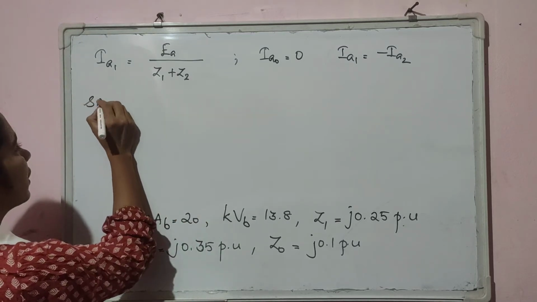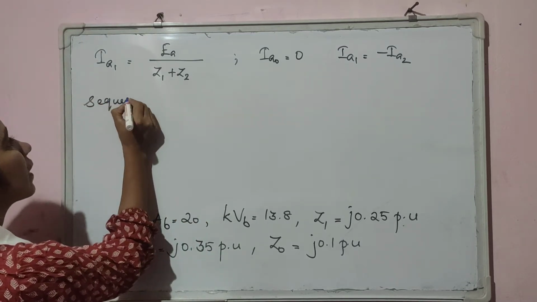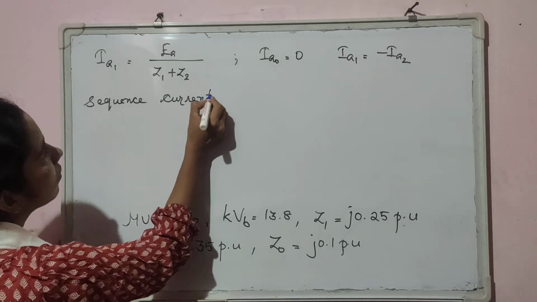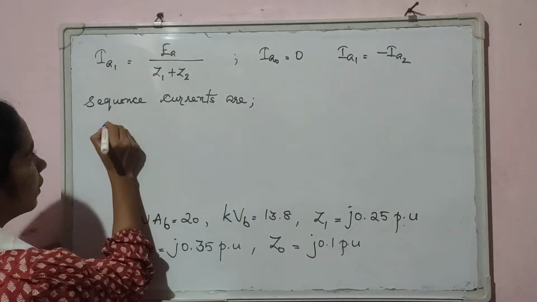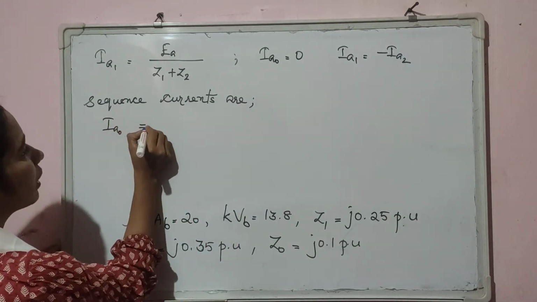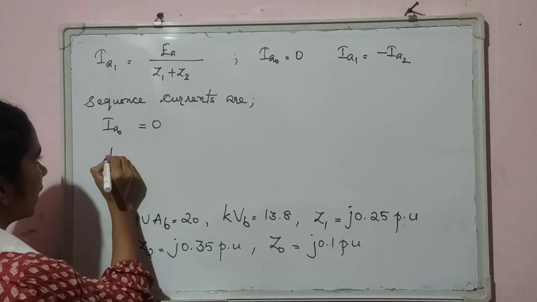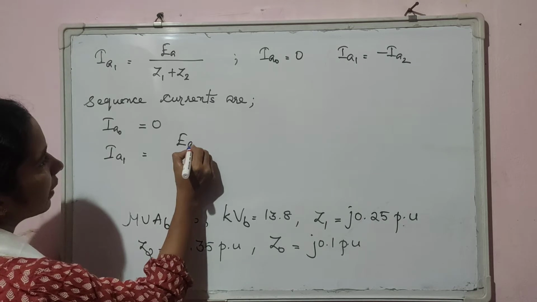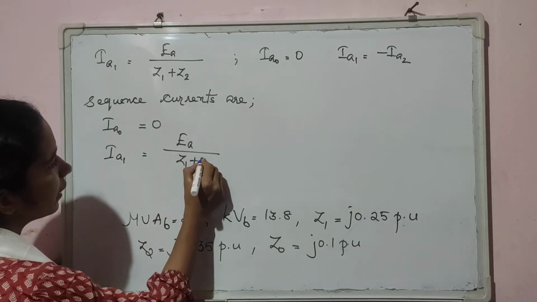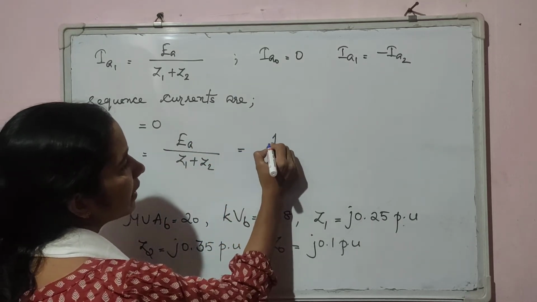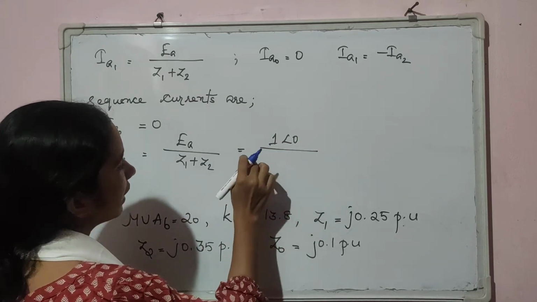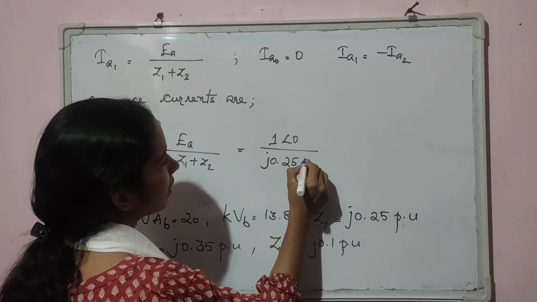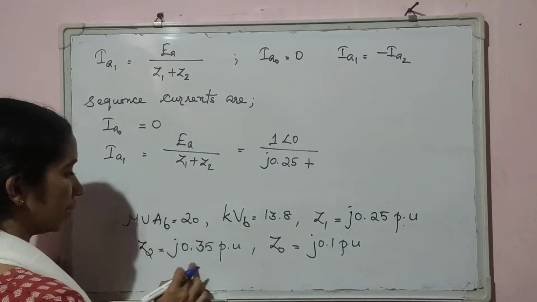The symmetrical components of currents, or sequence currents, are: first one is IA0, which is equal to 0. Next is IA1, and IA1 will be equal to EA divided by Z1 plus Z2. We have EA equal to 1 angle 0 divided by Z1, which is J 0.25, plus Z2, which is J 0.35.